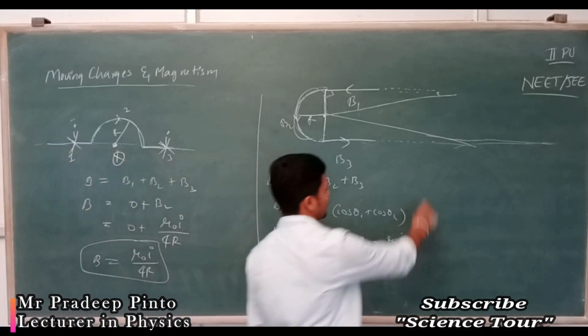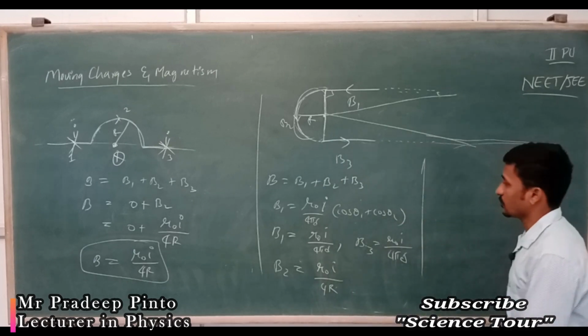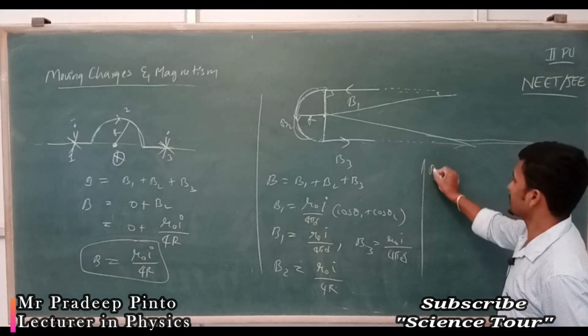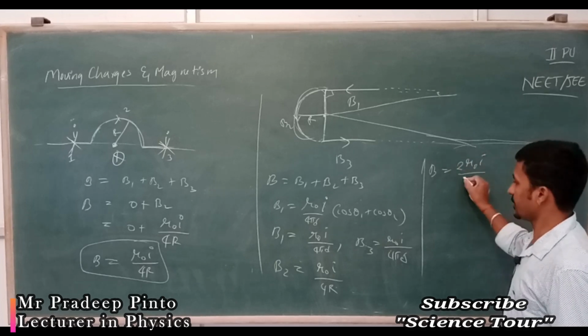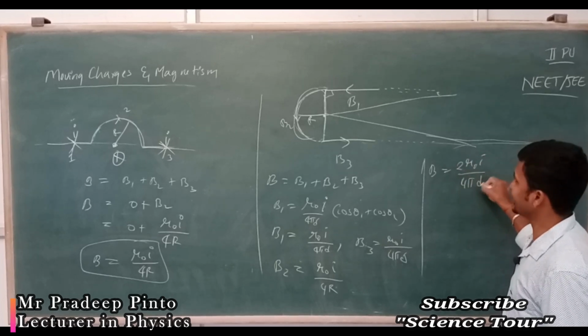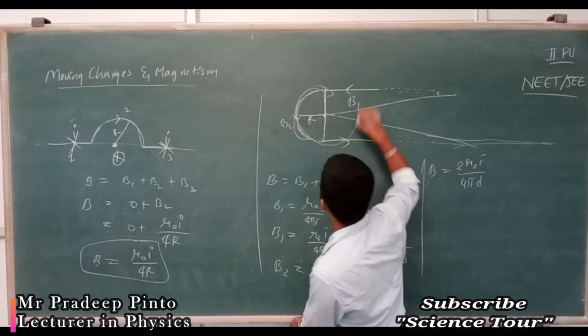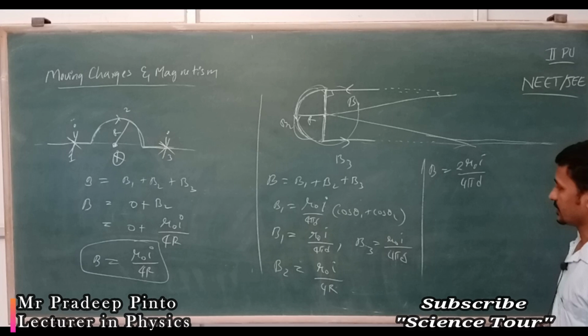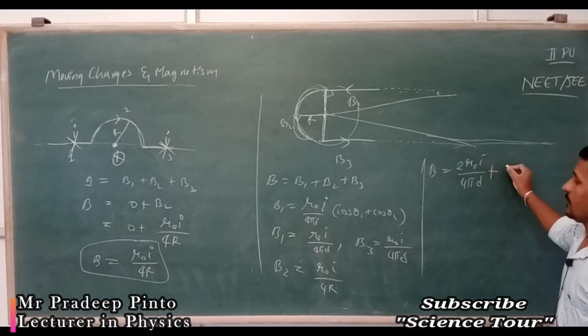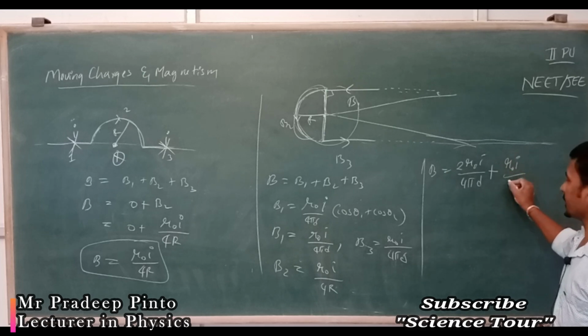Now I have to find out the total magnetic field at the point P. So what am I going to do? I am going to add it. That is nothing but B which is equal to 2 times mu naught I divided by 4 pi d. This is a semicircle, which means the radius is the same, R itself. Okay, now next is mu naught I divided by 4R.